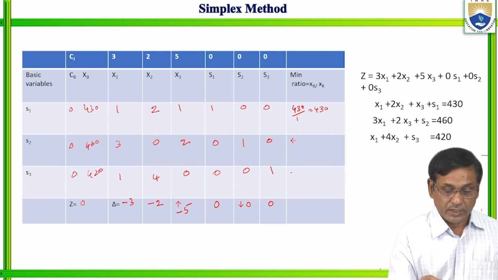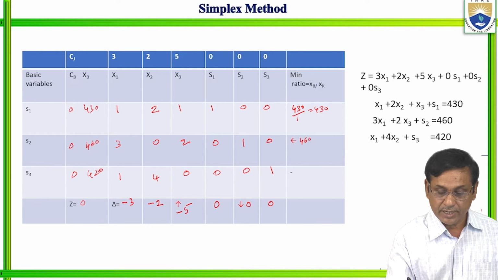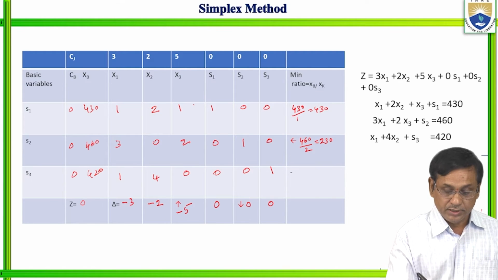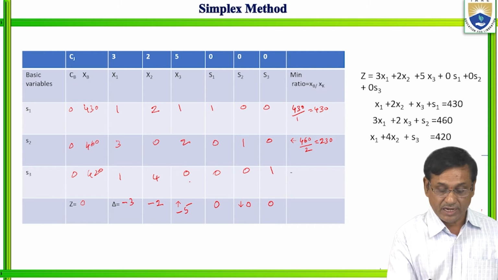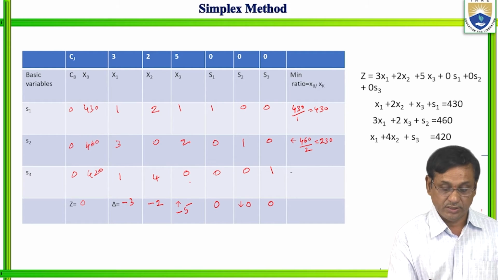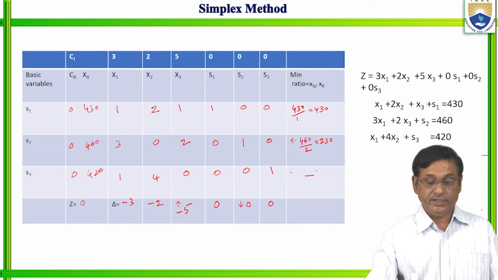Then the second one, 460 by 2, that is equal to 230. Then in the third row, the value of Xk is 0. When Xk values are zero or negative, we should not consider them, because when it is 0, the value becomes infinity, and when it is negative, there is no meaning for it. That's why we need not calculate the minimum ratio, put a dash here.